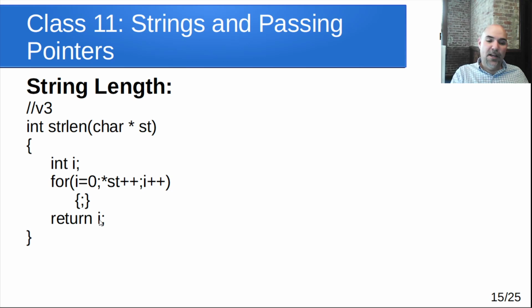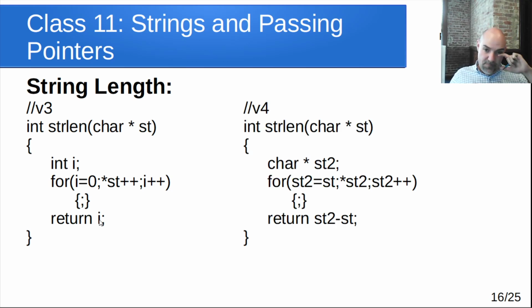All right, so final version of this, version 4. Notice what I'm doing here, I only have one plus plus, so this is actually a little bit simpler. I don't have a counter for I. I'm just saying make another character pointer.